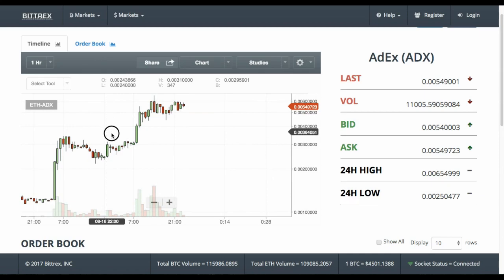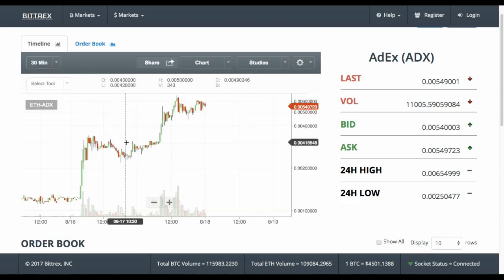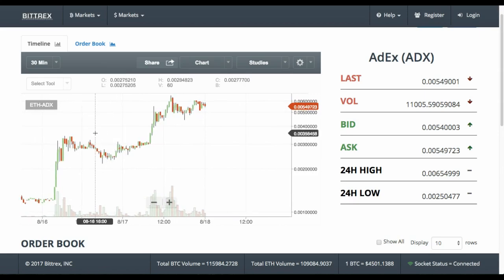Since then, let me put it on the half hour, we did see a retracement so far back down to a low of about 0.0044.